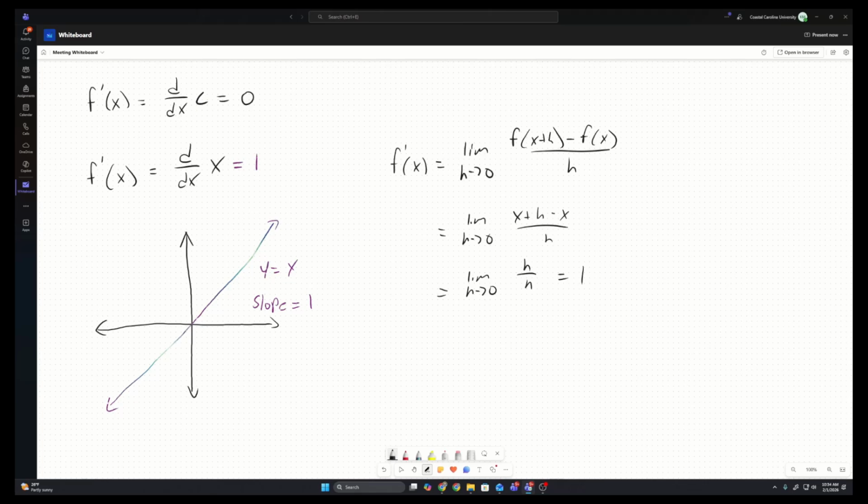Constants always give you 0 as a derivative. x is always 1. Or, let's say I'm taking the derivative of 5x. Well, it's 1, but the 5 is still there, so we get 5. It's pretty much 1 times 5, you get 5.